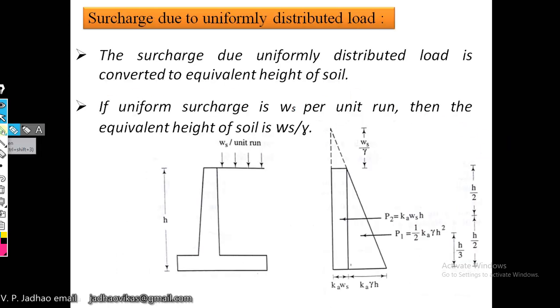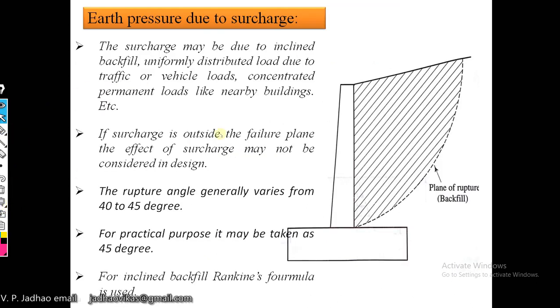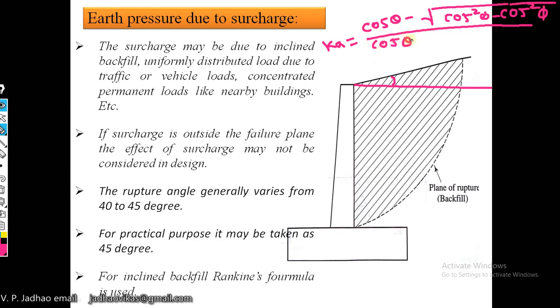Yeah, when we have some inclined backfill, as shown in the last figure, in this particular case we will be using Rankine's formula directly, that is Ka is equal to cos theta minus under root cos square theta minus cos square phi, divided by cos theta plus under root cos square theta minus cos square phi, and multiply this complete term with cos theta.